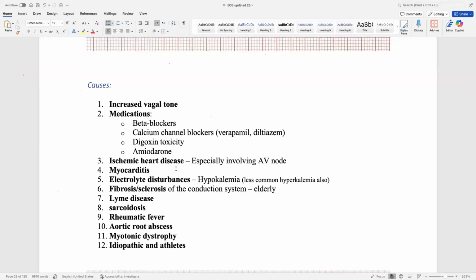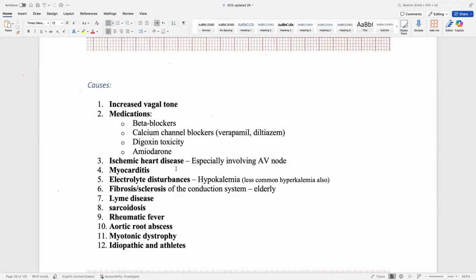By the right. That is why inferior MI is associated with complete heart block. Why? Because the inferior wall is supplied by the right coronary artery, and the right coronary artery itself is the one which supplies the AV node.